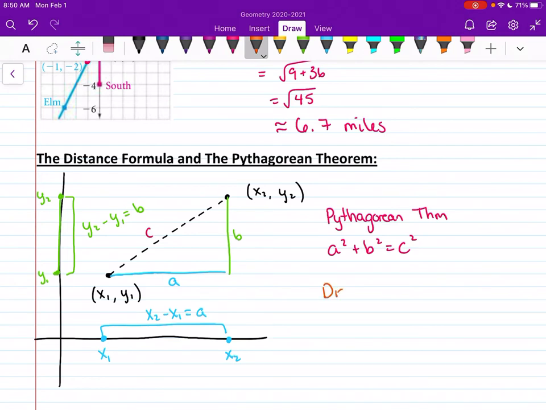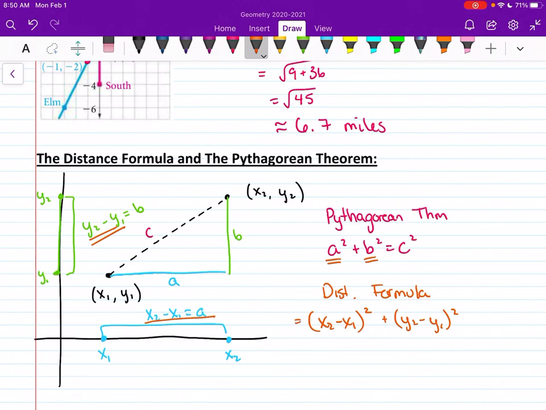And my distance formula says if I take a squared, a is the same thing as x2 minus x1, so x2 minus x1 squared, then I add the y's. y2 minus y1 is b, so b squared is the same as y2 minus y1 quantity squared.